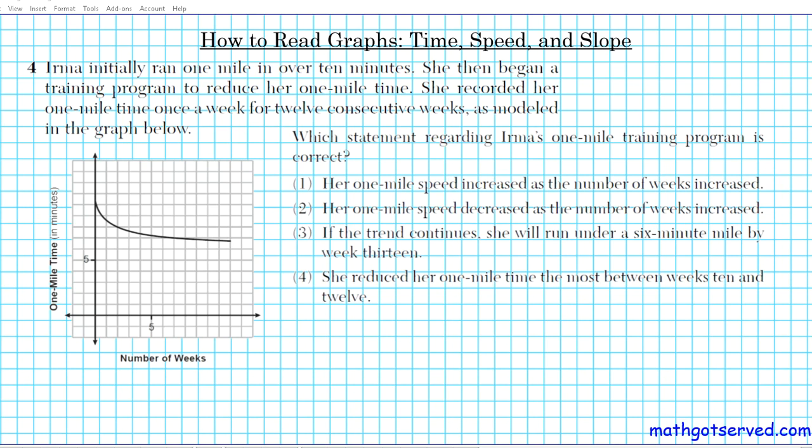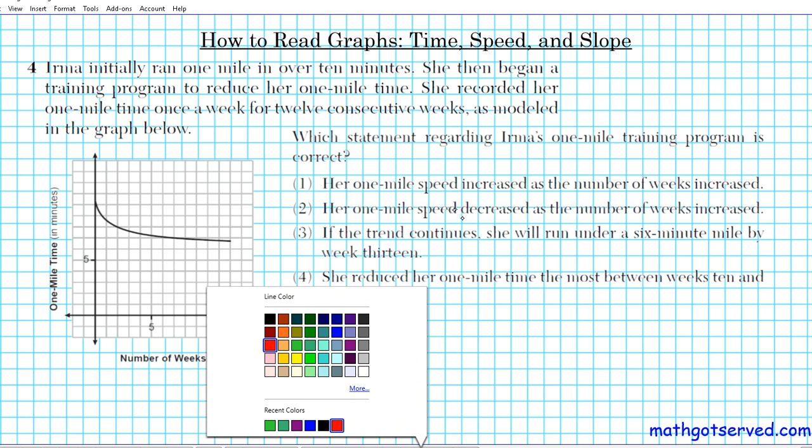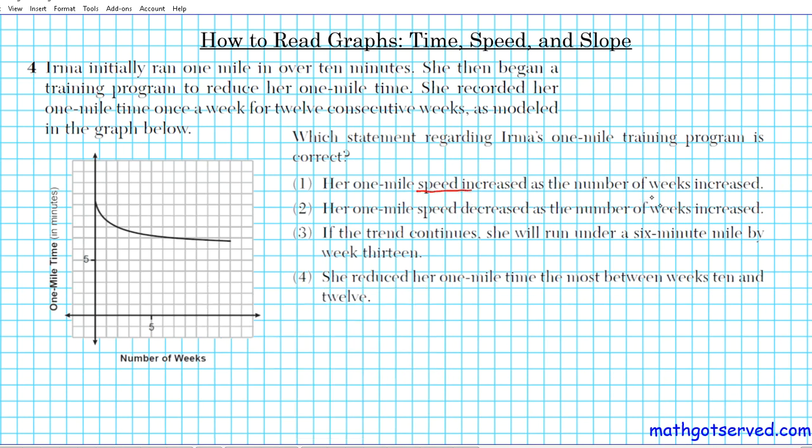Alright, let's take a look at the first one. It says, her 1 mile speed increased as the number of weeks increased. So option 1 is basically stating the relationship between speed and the number of weeks. Now if you take a look at this graph, the graph is going down.